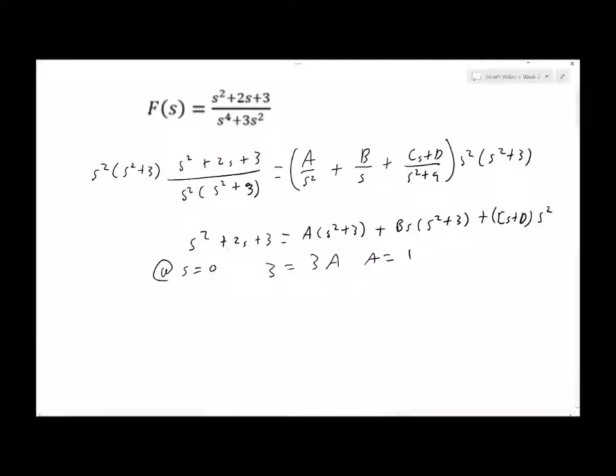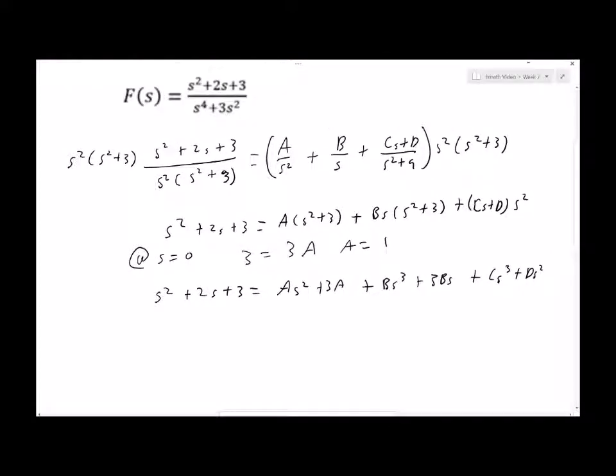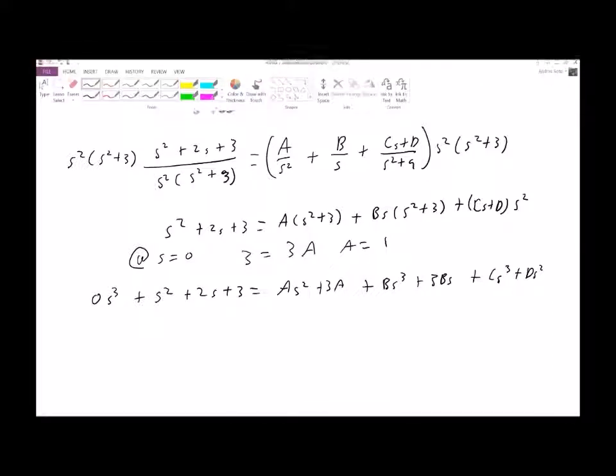So now we're going to have to do shopping cart. So let's just factor everything out. As squared plus 3A plus Bs cubed plus 3Bs plus Cs cubed plus Ds squared. And now we're going to match everything up to each other. So technically here we have a 0s cubed term right here, which means that now we can match it up.